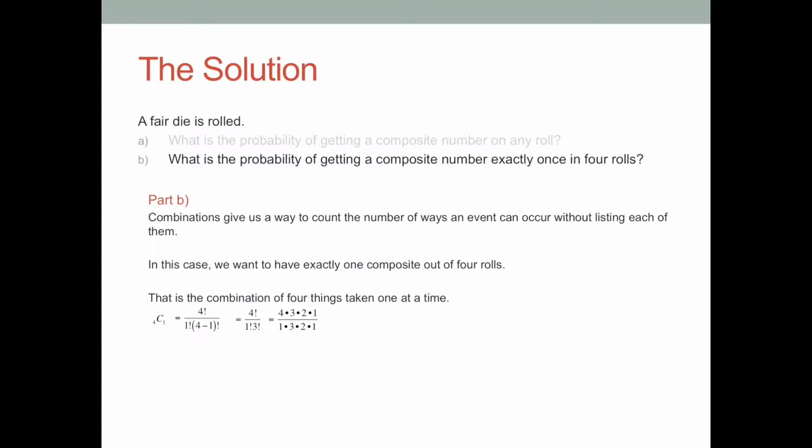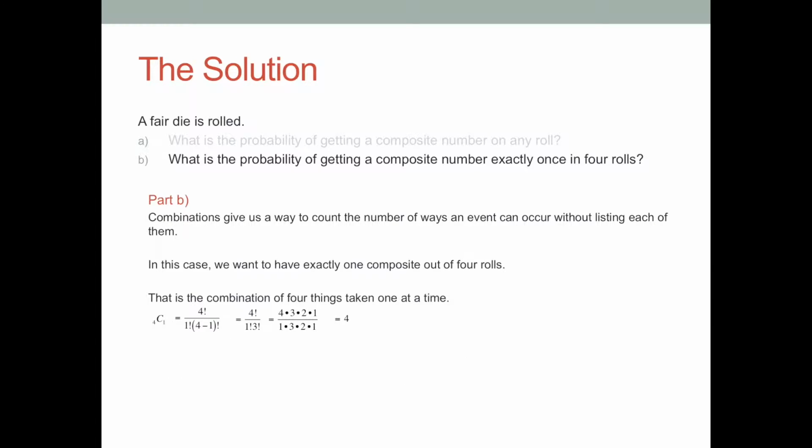We can divide 3 factorial, which is 3 times 2 times 1, out of both the numerator and denominator. 1 factorial is 1, so we end up with 4 divided by 1, which is 4. This is no surprise. We knew that there were 4 ways our event could happen.